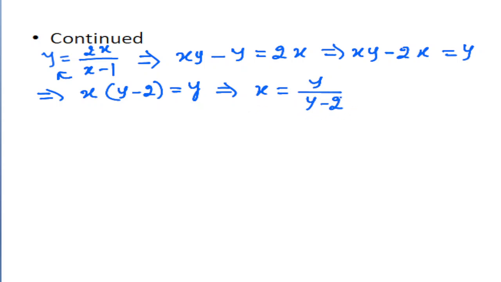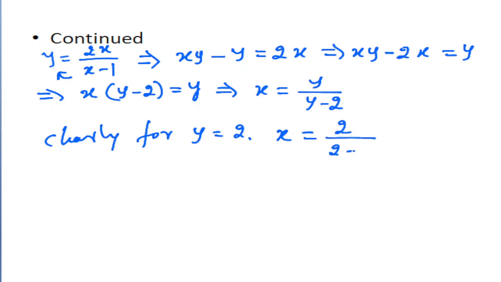Clearly the denominator is y minus 2. If you put y is equal to 2, what is your conclusion? So clearly for y is equal to 2, what do you have? X is equal to 2 divided by 2 minus 2, 2 divided by 0, that is not defined. So for y is equal to 2, because y is every real number, it lies in the codomain.